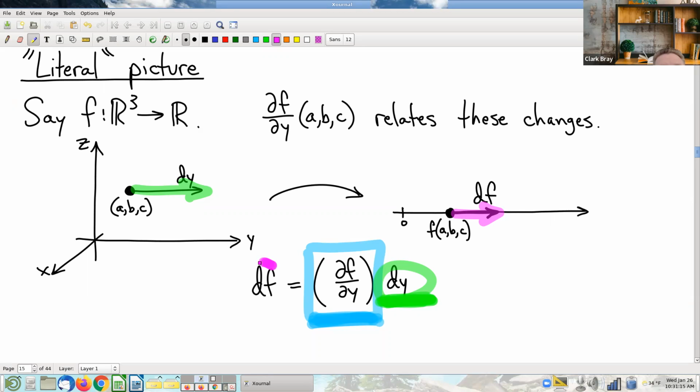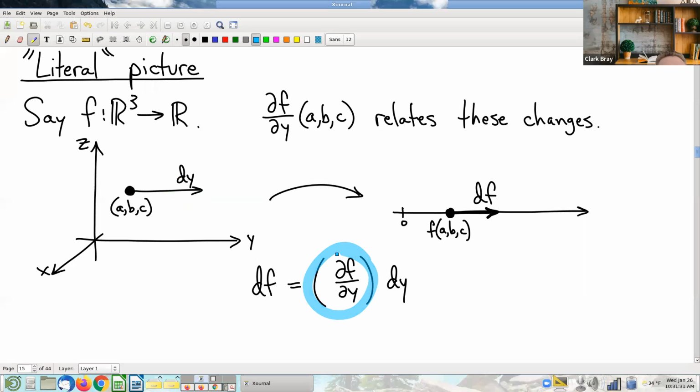Again, that's just a differential. And I've already laid the groundwork that X and Z are constant in relating them by way of the partial derivative. So I don't know if that's satisfying, but it might help to take the point of view that you really shouldn't think of this as being a fraction. We draw it as a fraction because in certain ways it behaves like a fraction, but ultimately it's much more than a fraction.